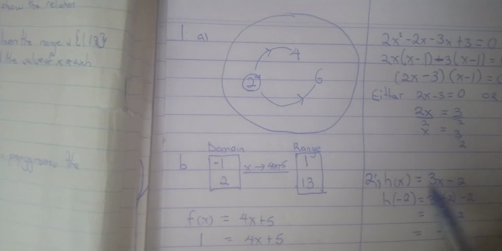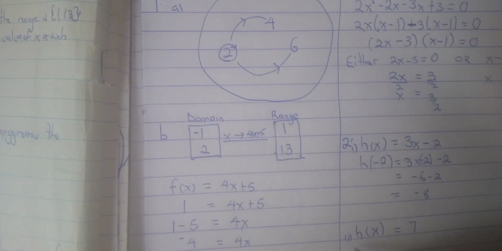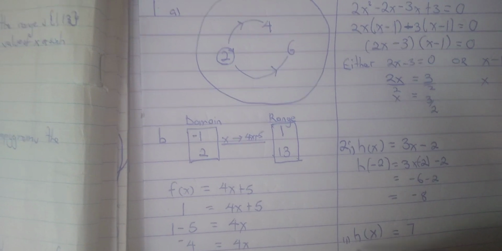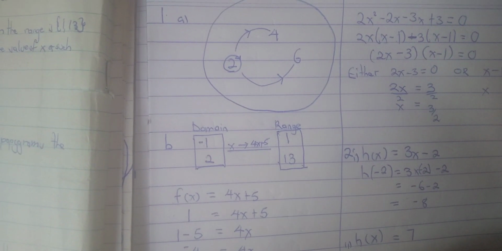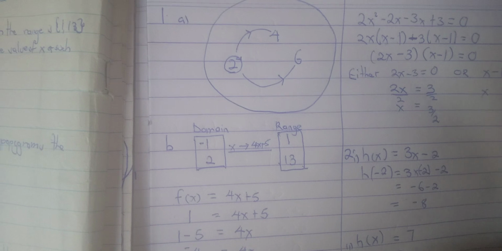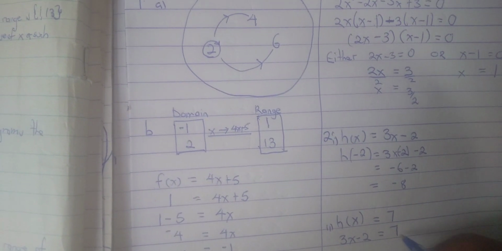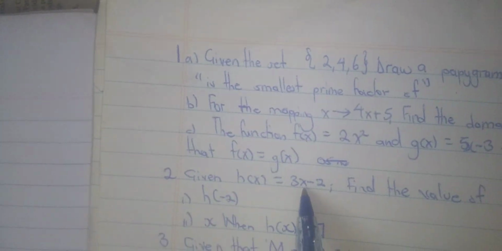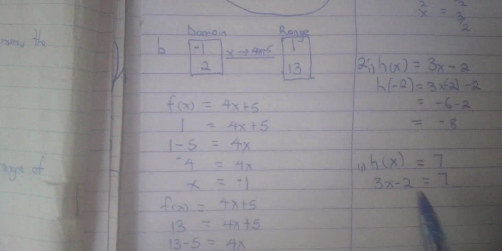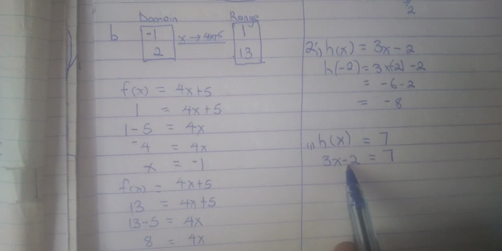Our h of x was given as 3x minus 2. So we just substitute for h of x, which is 3x minus 2, so that we can easily get the value of x. This will equal 7. I have just replaced where there is h of x with this.